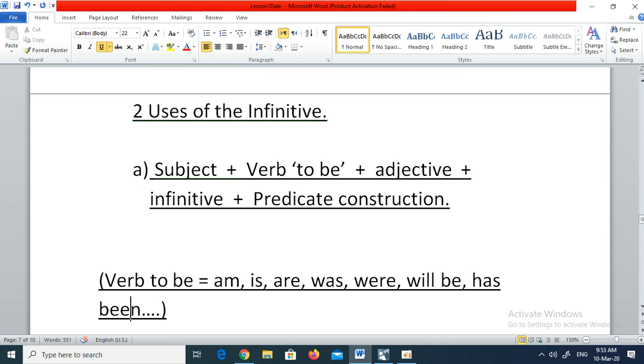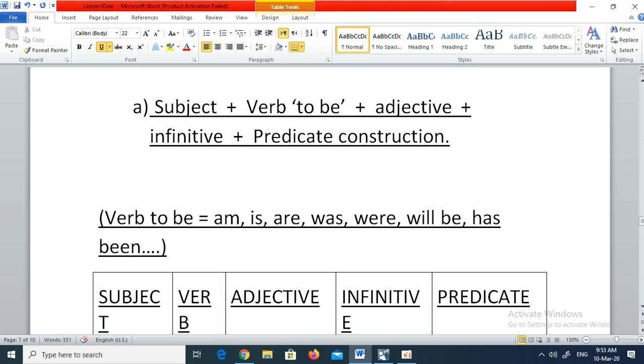There are a lot of others like had been or shall be, but all of those are forms of the verb to be. Please remember that, because a lot of students in my classes get confused when we talk about the verb to be in English. It's the verb that conjugates in forms like am, is, were, will be, had been, and so forth.